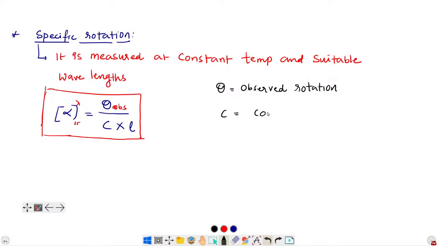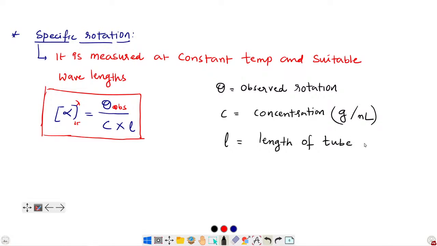C is concentration, in gram per ml. L is the length of the tube in decimeters.